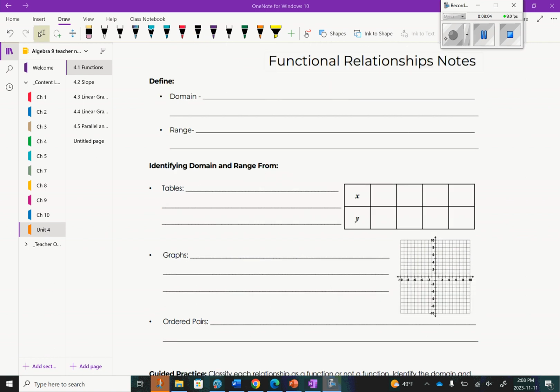When talking about functions, there are two really important terms you need to know that will describe those functions: the domain and the range. The domain is the set of all possible values for x.